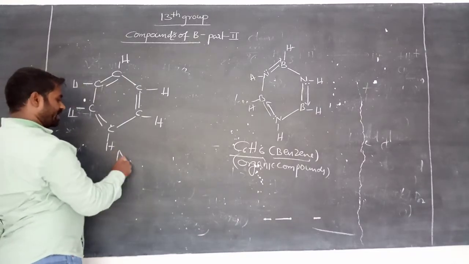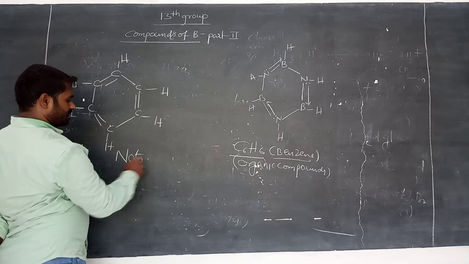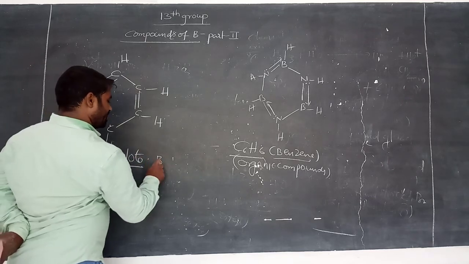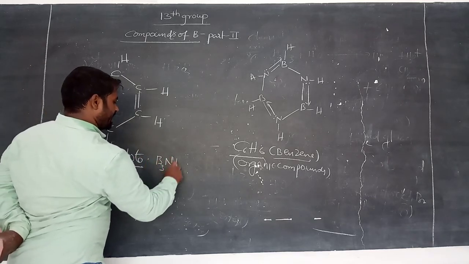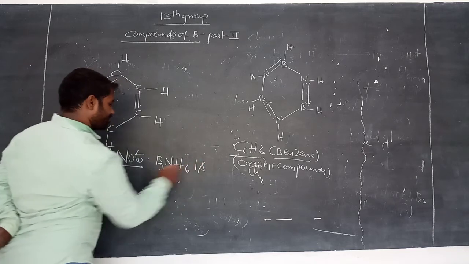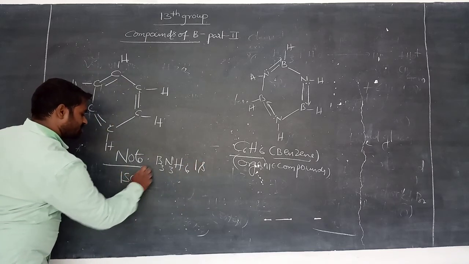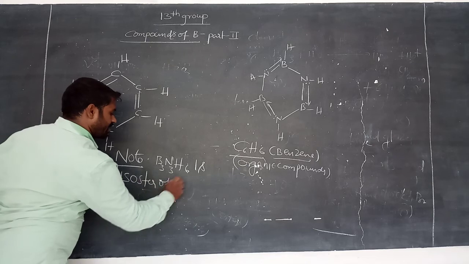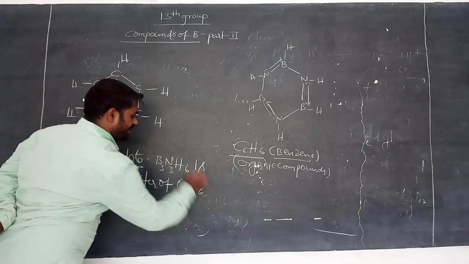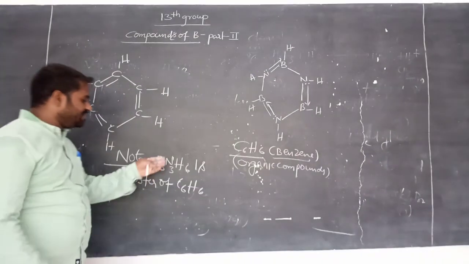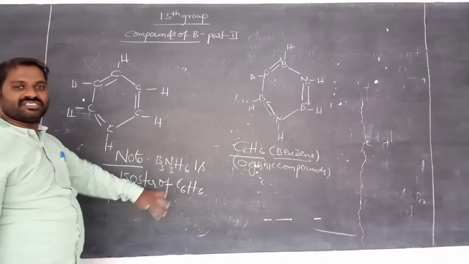So here the important note is B3N3H6 is an isoester of benzene. That means it is similar to benzene. Isoester means similar to benzene.